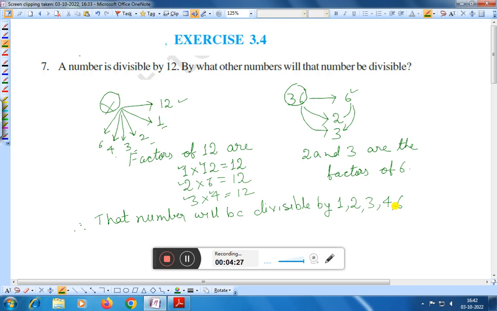Therefore, we can say that if any number is divisible by a particular number, then that number will also be divisible by the factors of that number.